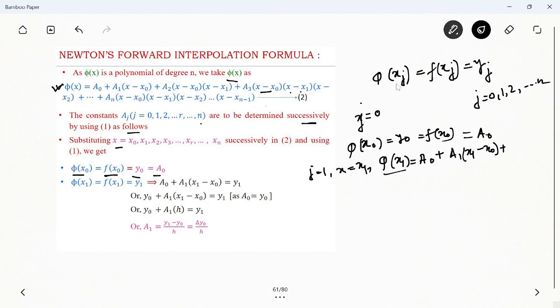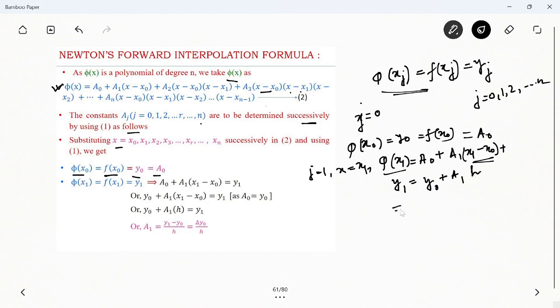What is our phi x1 from here? If we put j equals 1, phi x1 equals y1, so y1 equals y0 plus a1 into x1 minus x0. That means the difference between two consecutive values of x, that is h here.